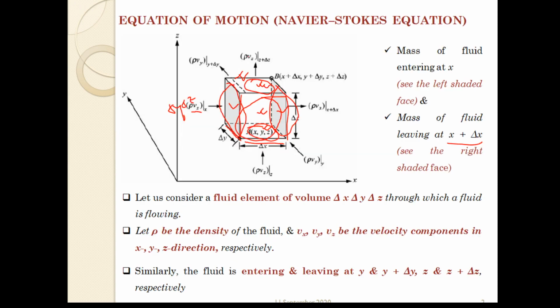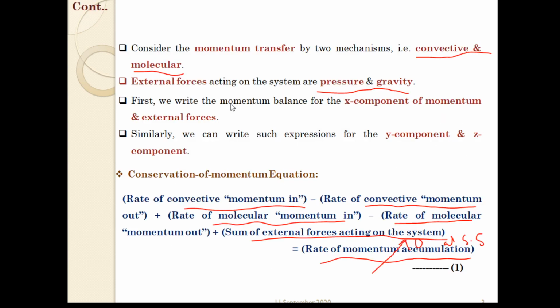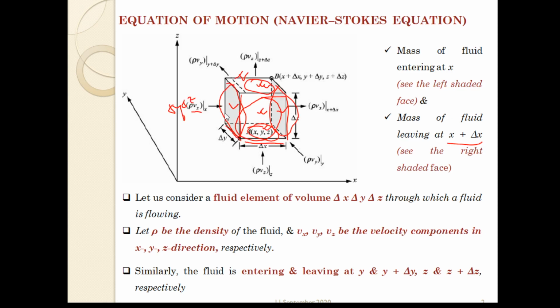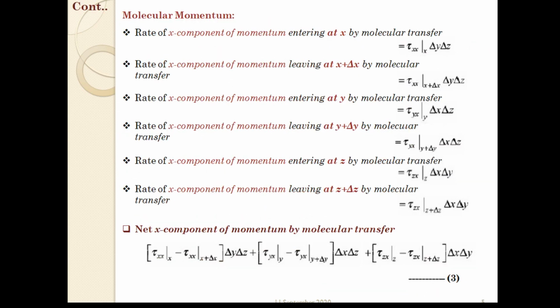This is the area we have, this del y del z. Okay, so the rate of x component momentum entering at x by molecular transfer will be tau xx at x through the del y del z phase, and leaving at x plus del x will be del y del z at x plus del x, the same shear stress term tau xx.